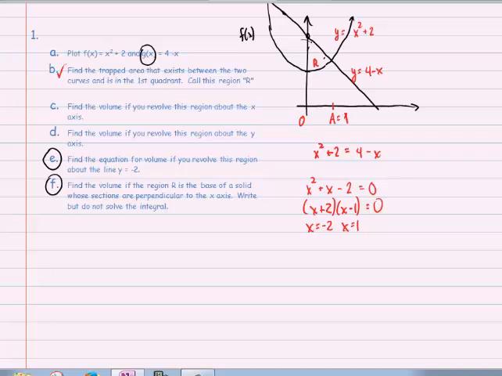Well, a would have to be 1 for this case, and that would make its corresponding y value 3. This point of intersection would be (1, 3).